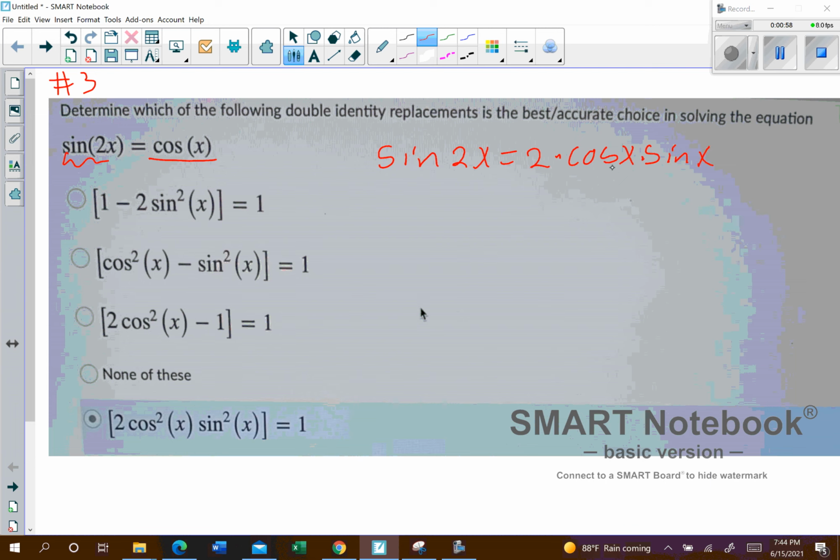And so actually that's not an option. So in this case, it's going to have to be none of these. I can kind of see why you picked the one below, but in this case, it looks like it's going to be none of these.